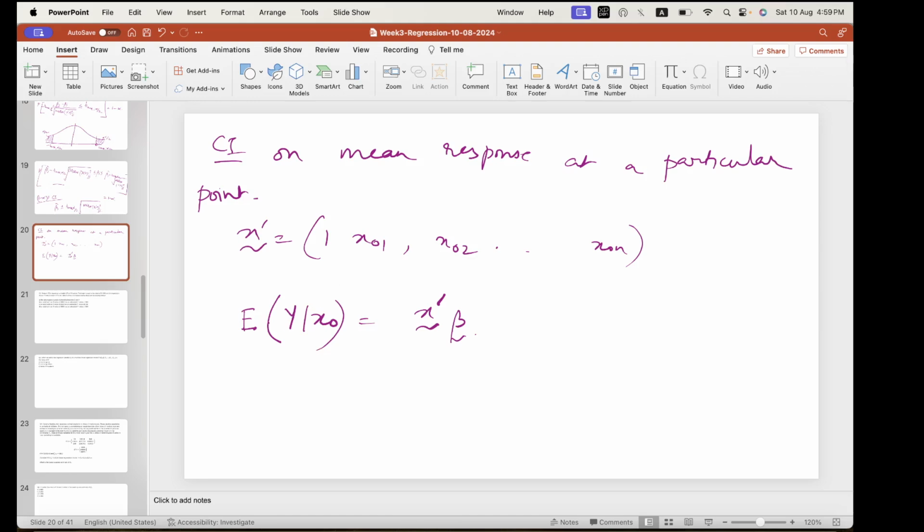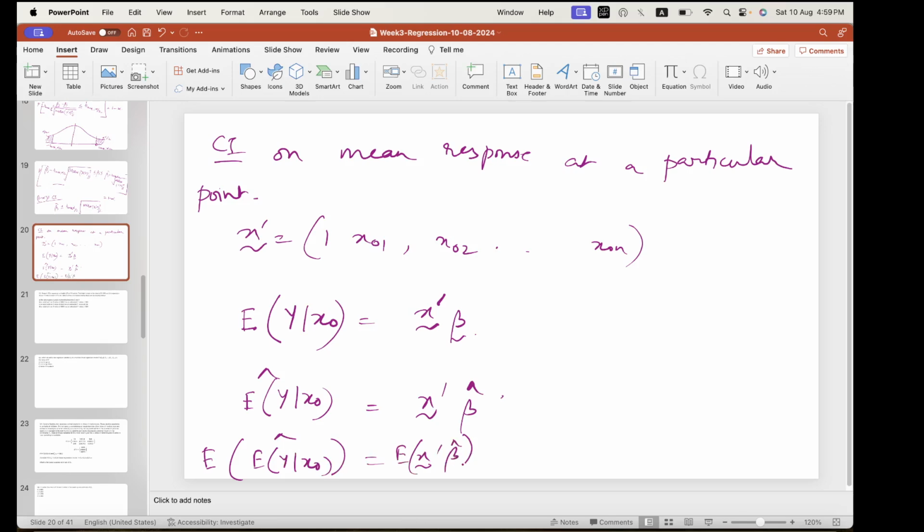Now an unbiased estimator would be beta hat. Because why? If we take the expectation of y given x naught, then this would be the expectation of x naught transpose beta hat, which would be x naught transpose beta.